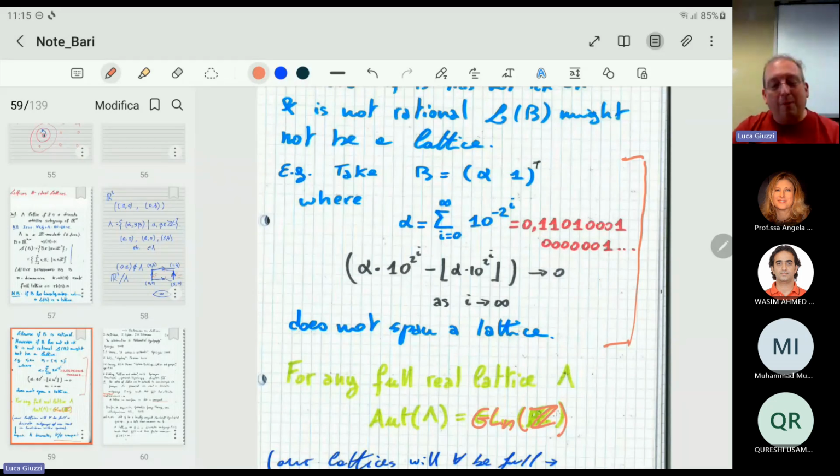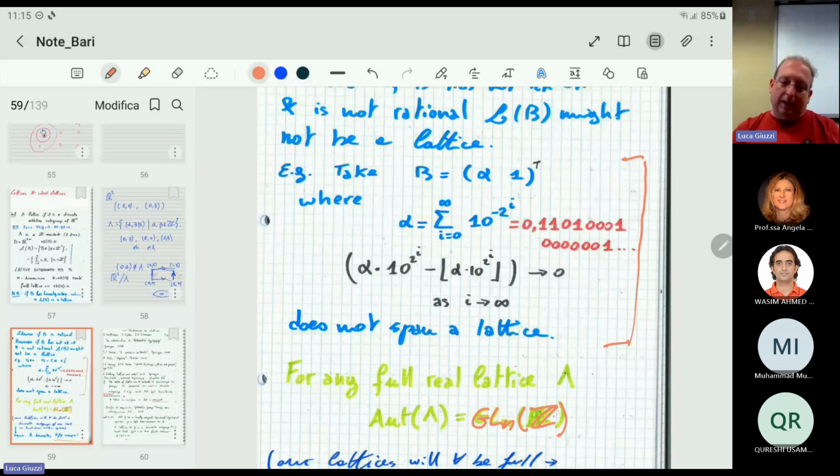Why? Because we just take all of the integral multiples of this vector, so we would expect it to be basically the same thing as when we took, I don't know, pi 1 or something like that.